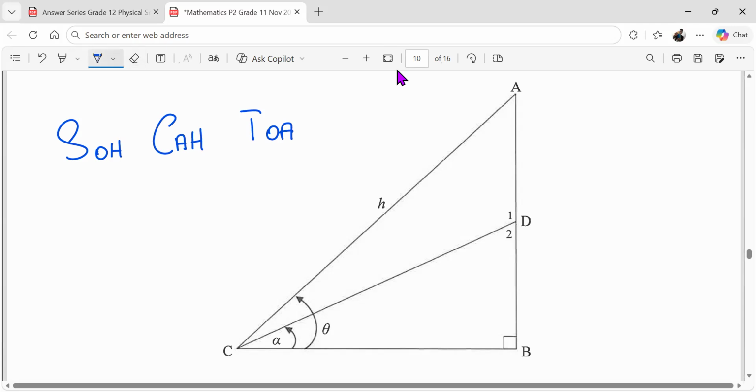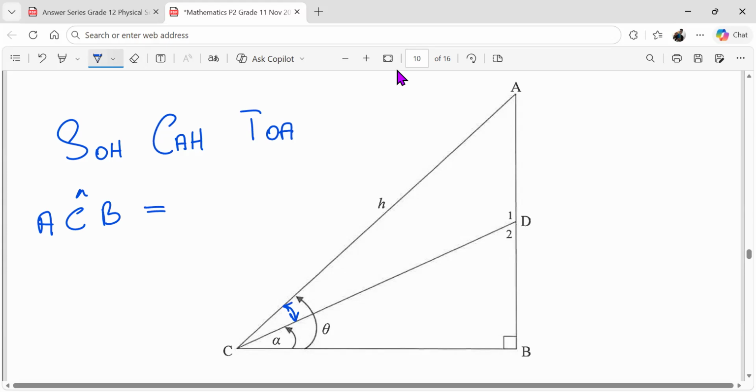So the angle alpha is in the small right-angled triangle, and the angle theta is in the big right-angled triangle. Is there someone who can tell us what is the size of angle ACB just by looking at it? In other words, the blue angle that I'm showing you here, what is the size of angle AC?